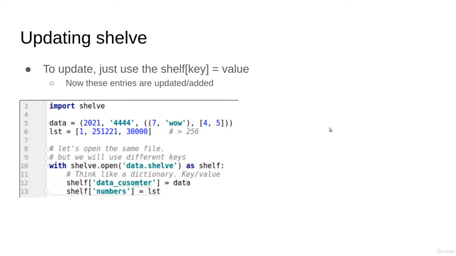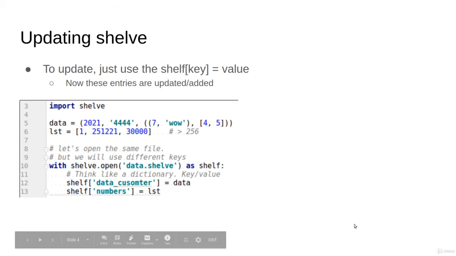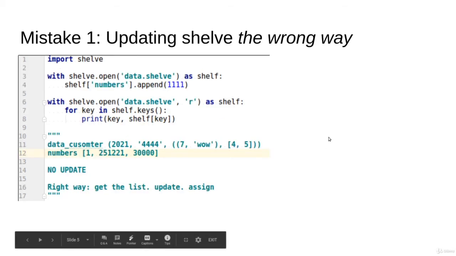Updating Shelve is very straightforward. Let's say that you would like to add or update something. You just open it and start to add something here. However, there are some common mistakes when people deal with Shelve. The first mistake is updating in the wrong way.